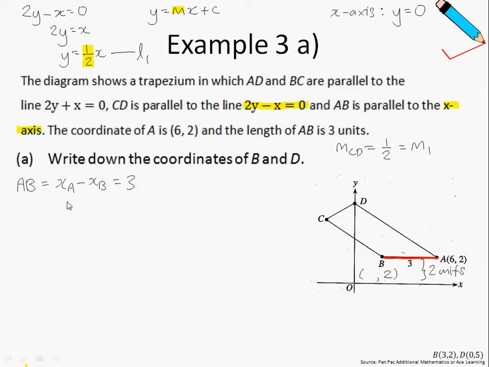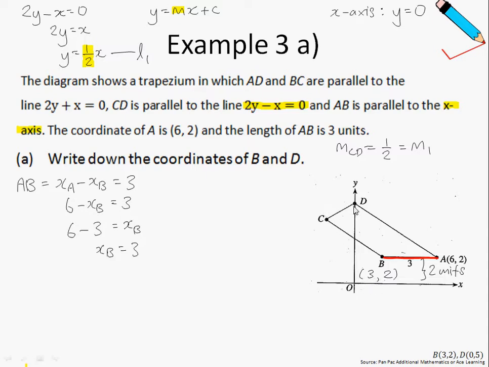The x coordinate of A is 6. Let us find the x coordinate of B by solving this, shifting the 3 and xB over to the other side. xB is just 3. Therefore, the coordinates of B is (3, 2).